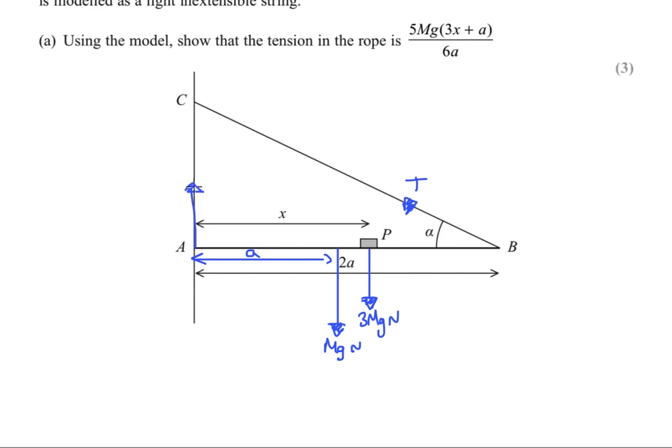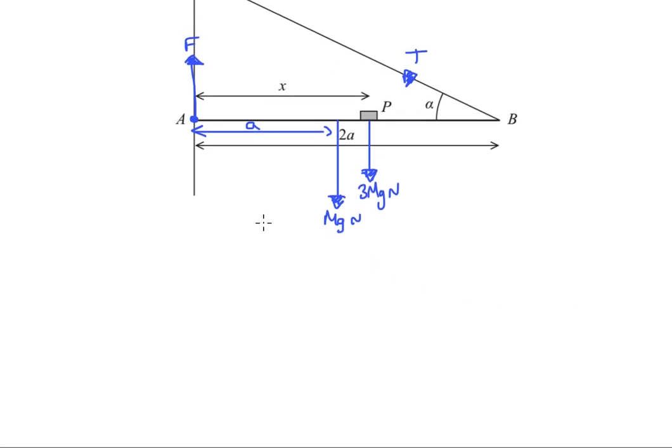Now, we don't know what that friction value is, so if we're going to hope to work out T, we're going to need to take moments about A, so that we can ignore the friction. So if we tell the examiner what we're doing, let's take moments about A, and we're looking to be able to write something down about the tension.